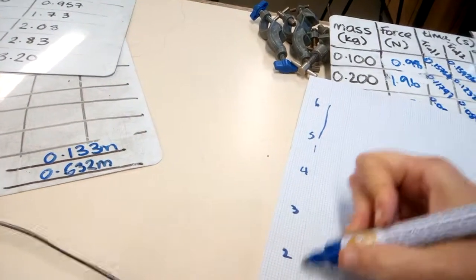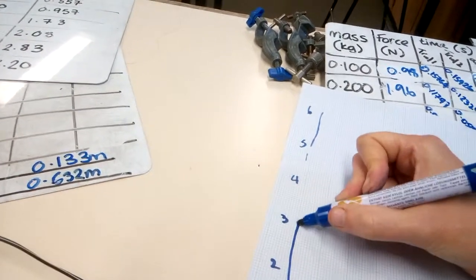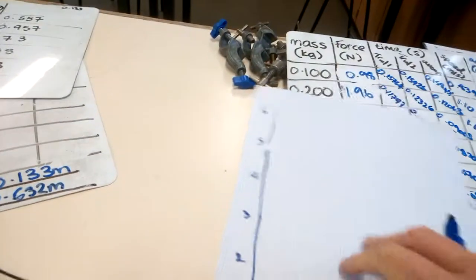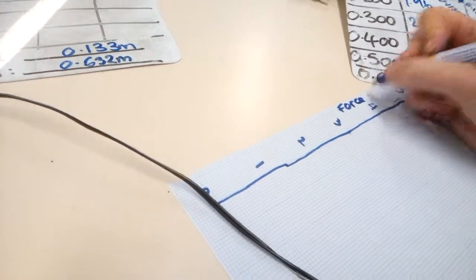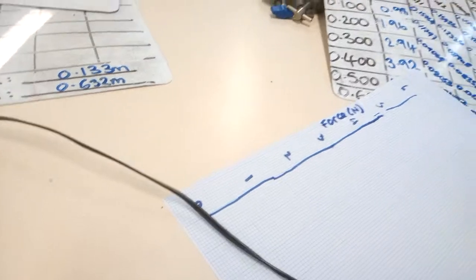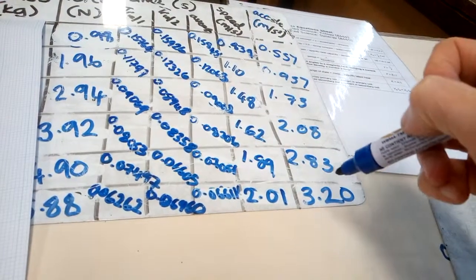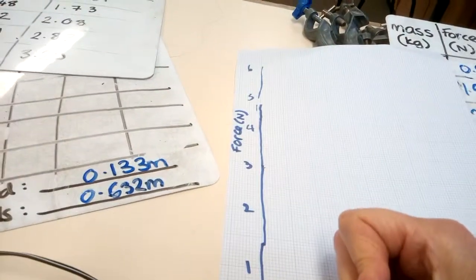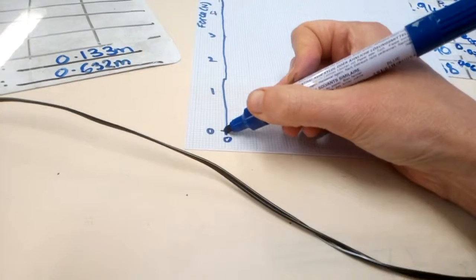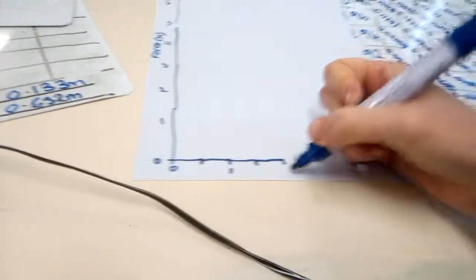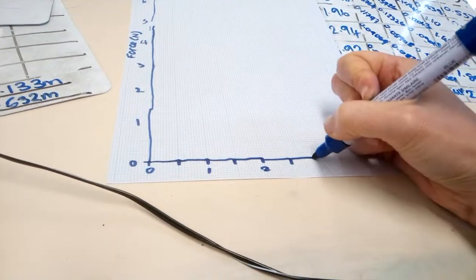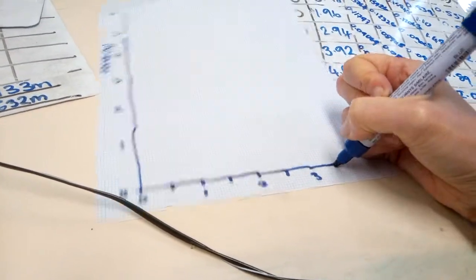Obviously you are going to be using a pencil and ruler, not a ball pen, and you're going to label this as force, which we measured in newtons. On our x-axis we're going to have acceleration. I've got to get acceleration from 0.5 all the way up to 3.2, so I'm going to go up 0, 0.5, 1, 1.5, 2, 2.5, 3, 3.5.